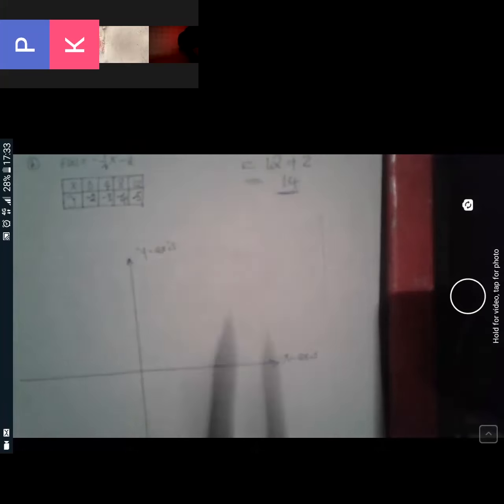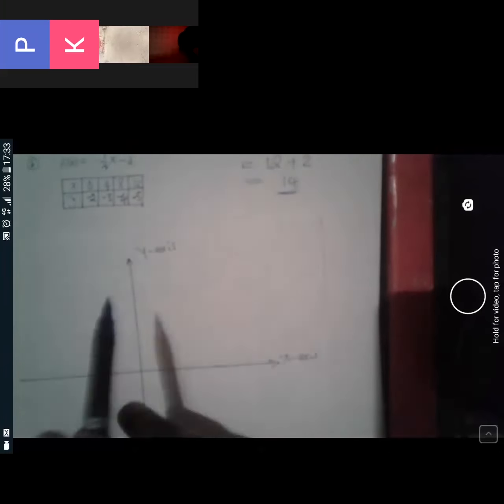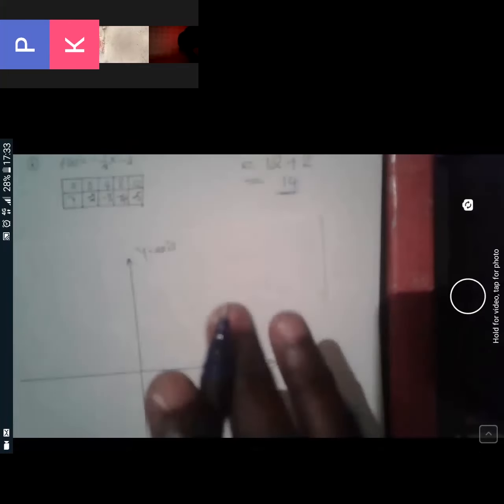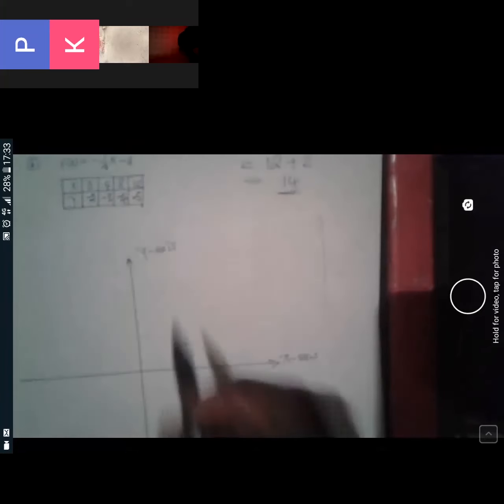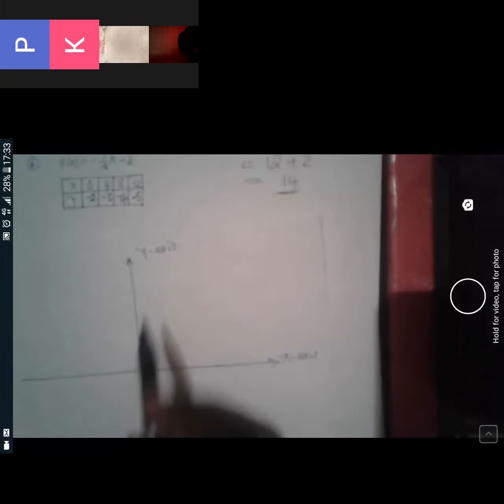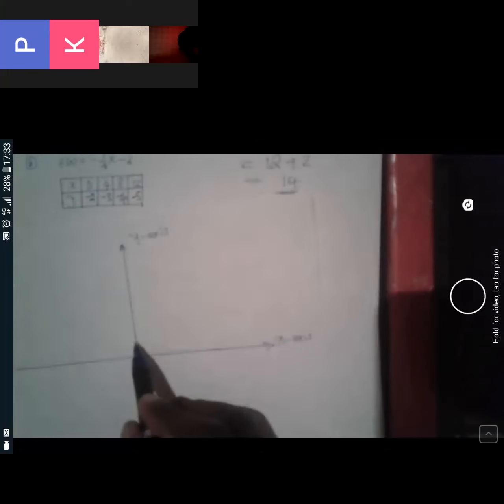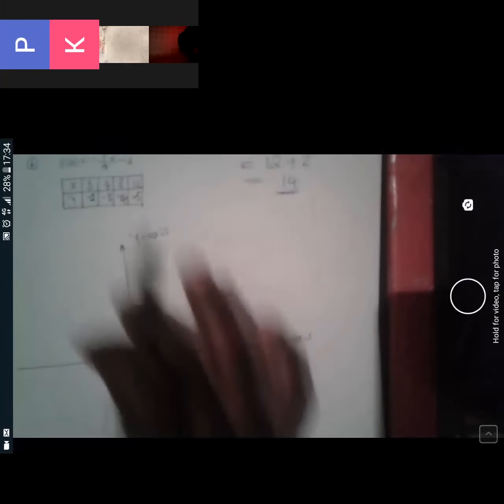We are going to make subdivisions on both axes equal. Just make sure they're equal. If you choose, for example, 2 centimeters each division on the x-axis, just make sure it's 2 centimeters throughout the y-axis.